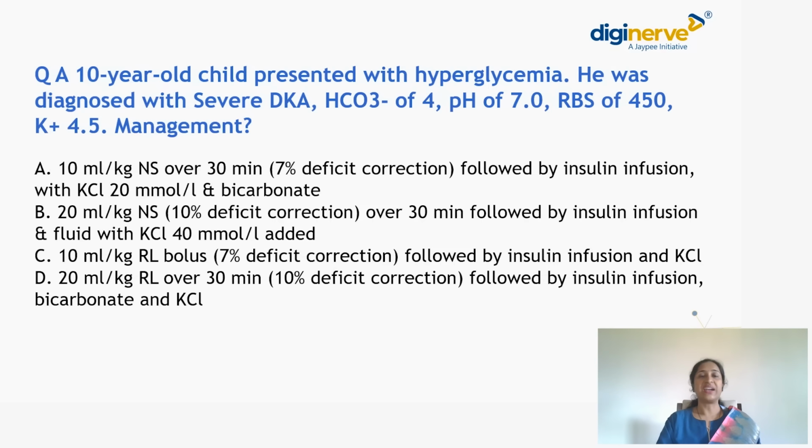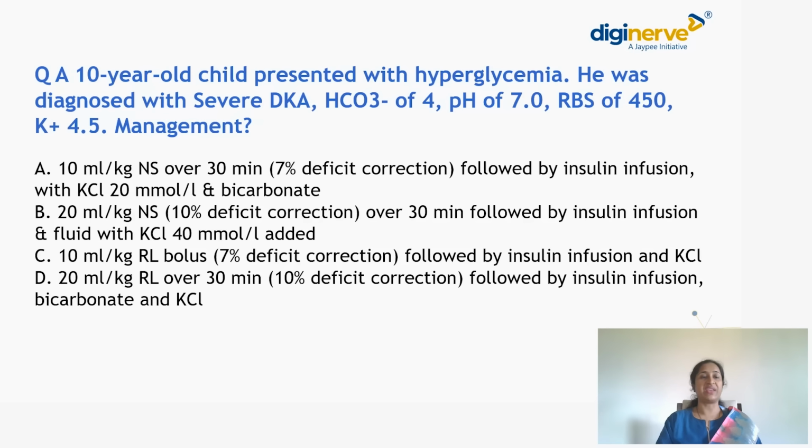Next question. A 10-year-old child presents with hyperglycemia and diagnosed with severe diabetic ketoacidosis. Bicarbonate was very low, 4. Normal bicarb, 22. pH of 7, again acidosis. RBS of 40 and potassium of 4.5. So what is the next management in this child?